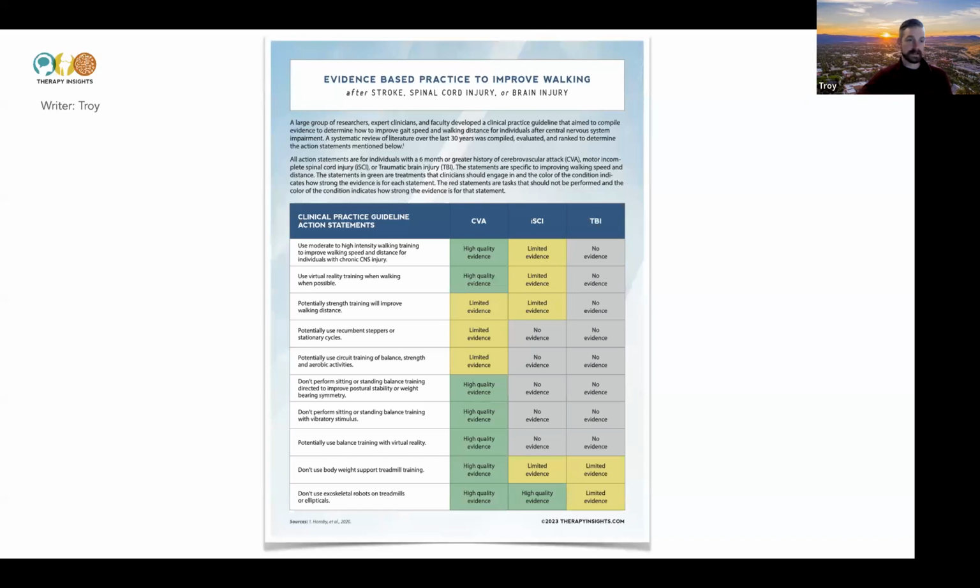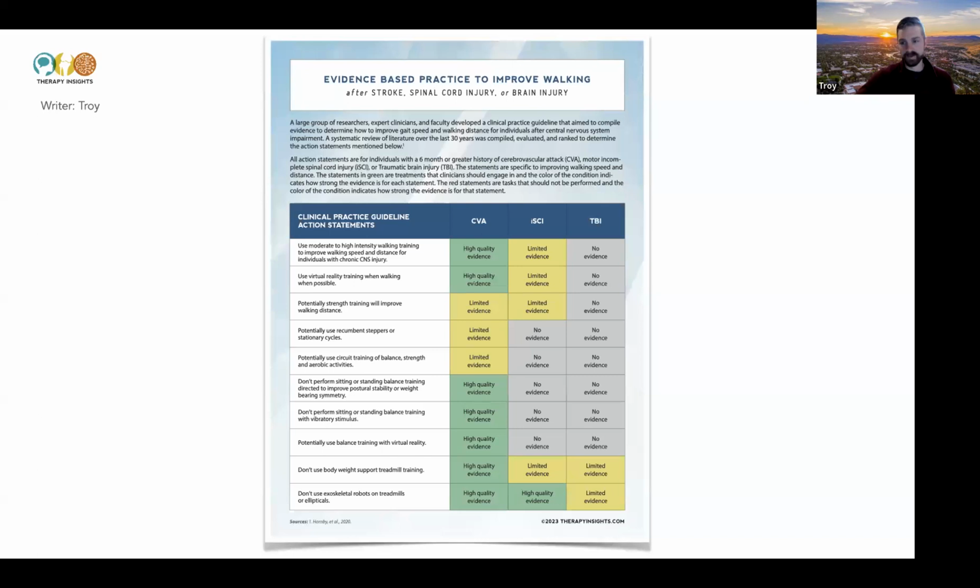Then what we did is compile them into high quality, limited evidence, or no evidence on these action statements for each condition. So it talks about things that you should be doing and things that you shouldn't be doing. I'll at least talk about a few of them. Most of the evidence available in this CPG is directed towards individuals with CVA.